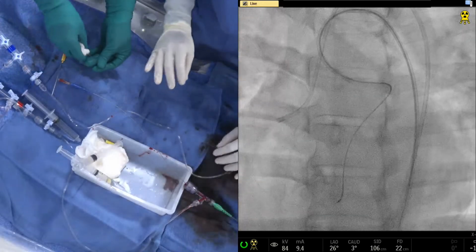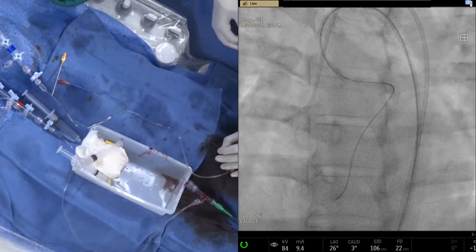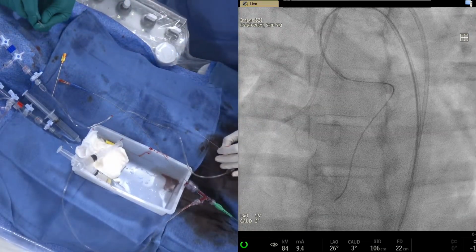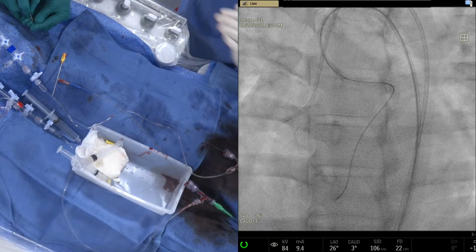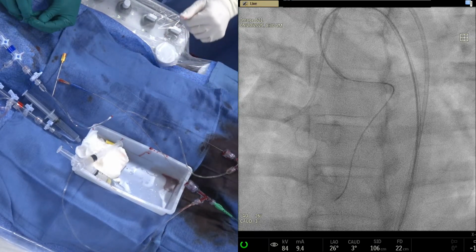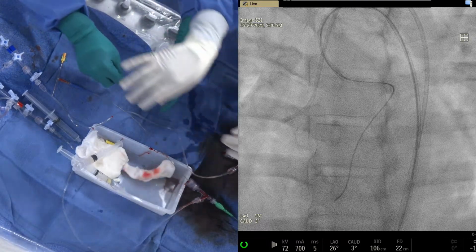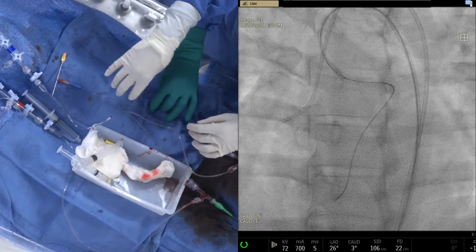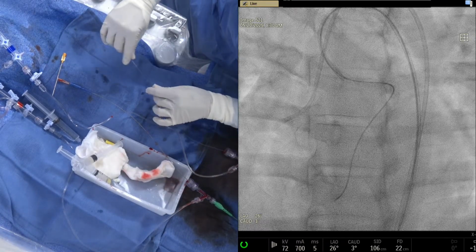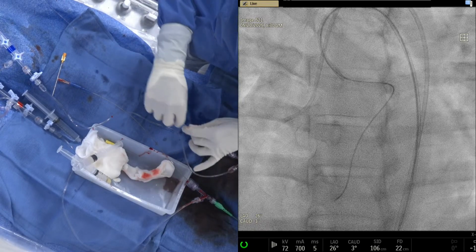The length of the RG3 is 300 or 330? 330. What size is this? A 2.5 balloon is okay. So now we are going antegrade.